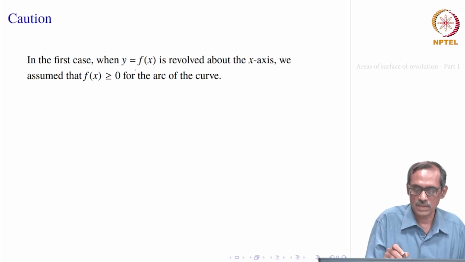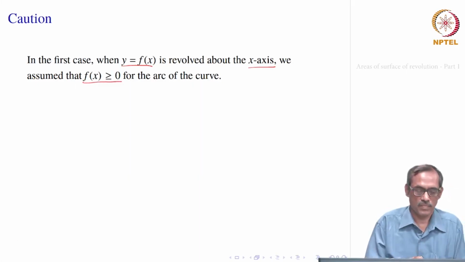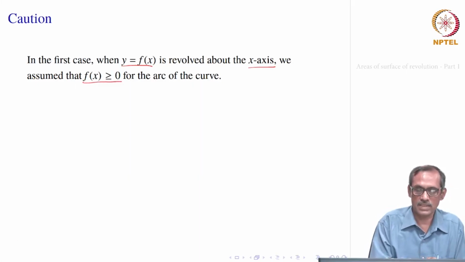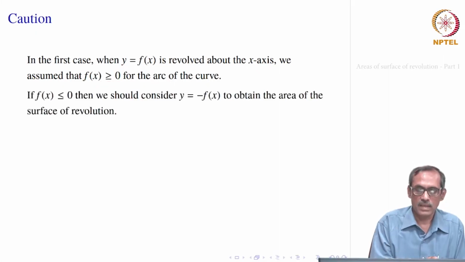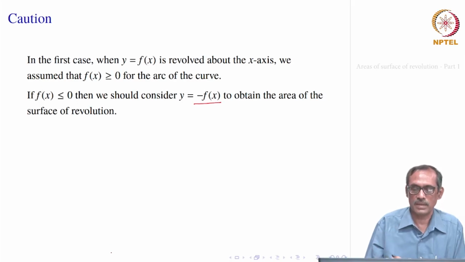Look at our assumptions. We say that y equal to f of x is revolved about the x axis with f of x greater than or equal to 0, and x lies between a and b, so that you get the arc of the curve. Similarly, if you take f of x less than or equal to 0, then to satisfy the assumption we will work with y equal to minus f of x, and that would give rise to the area of the surface of revolution.